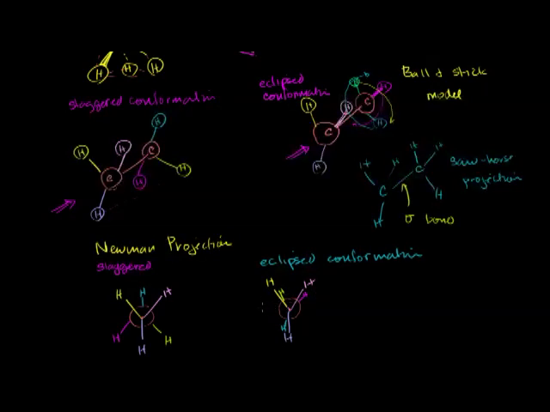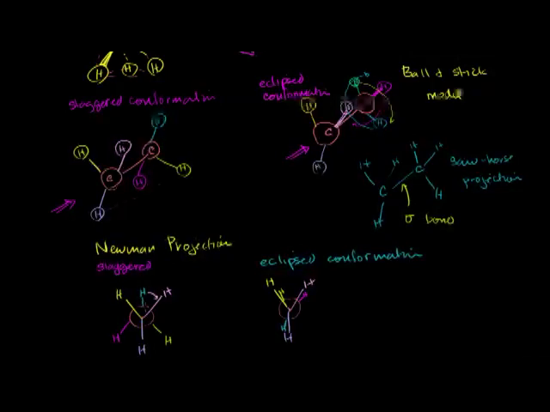Now, there's one more idea I want to introduce you to, and that's the notion of the angle between the different hydrogens. So what is this angle between the blue hydrogen and this pink hydrogen right here? When you think of it in three dimensions, you can't really say the angle between the blue and the pink.